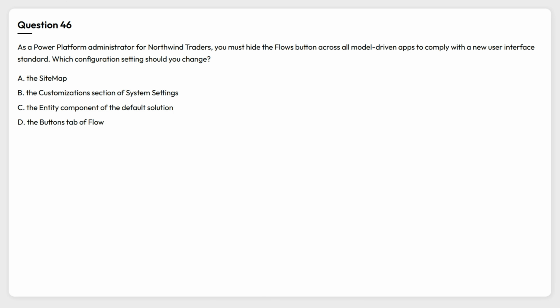Option B, the customization section of system settings. Option C, the entry component of the default solution. Option D, the buttons tab of flow. The correct answer is option A, the sitemap.